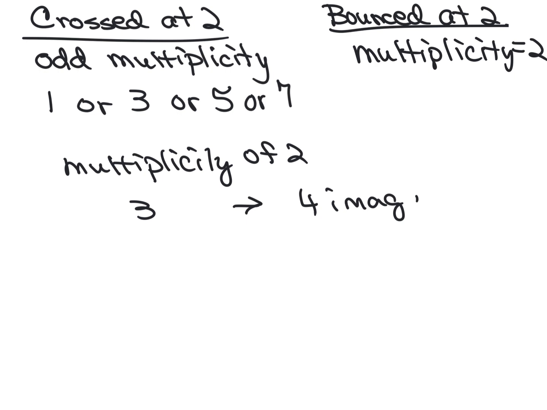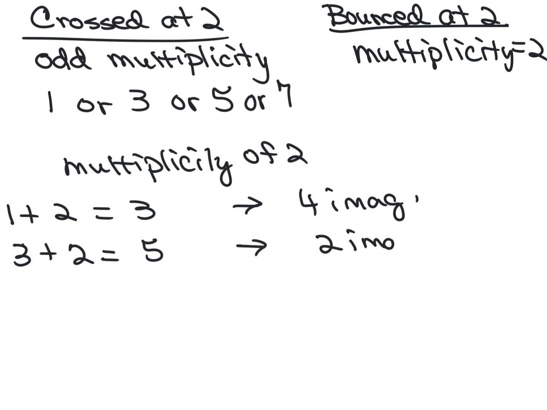You would have your 1 for crossing and your 2 for bouncing. Or it could have been 3, which would have meant you would have had 3 for your crossing and 2 for your bouncing, which would have given you a multiplicity of 5, which would mean only 2 imaginary roots.